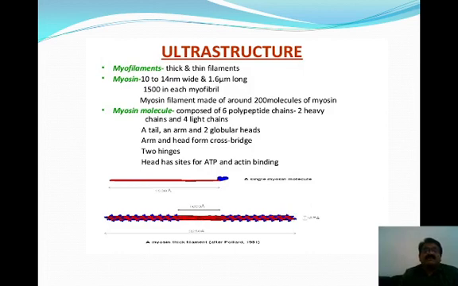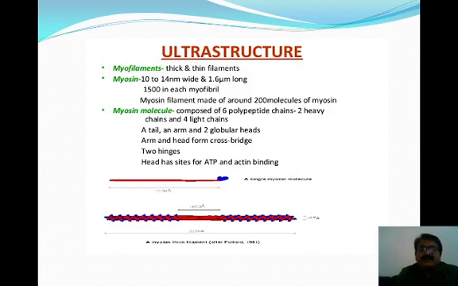Myosin filaments are 10 to 14 nanometers wide and 1.6 mm long, with about 1500 in each myofibril. A myosin filament is made up of around 200 molecules of myosin. Each myosin molecule is composed of 6 polypeptide chains, 2 heavy chains and 4 light chains, with a tail, an arm and 2 globular heads.